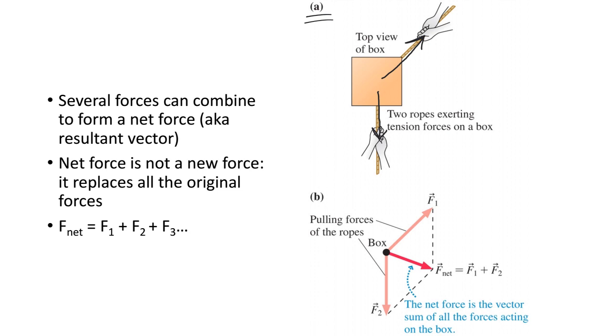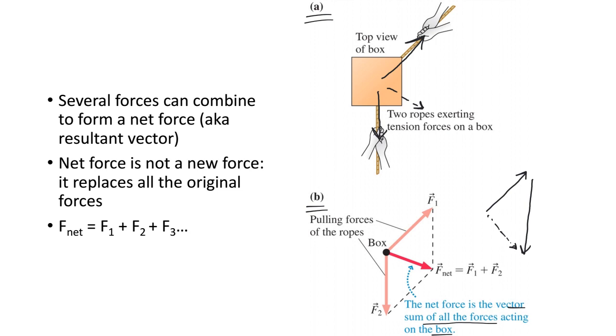If you wanted to combine them together and find the resultant vector, you'd take these two forces, add them together tip to tail, and then the resultant vector, you might remember, points from start to finish. The resultant vector is the vector sum of all the forces acting on the box, and it's showing the direction the box might actually move were those forces applied to it.